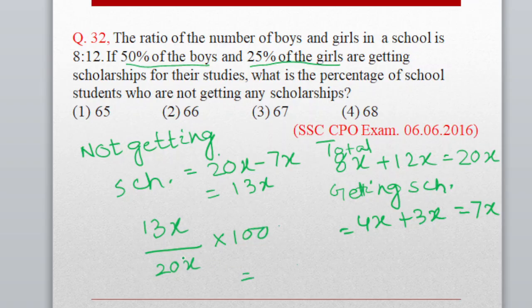Here this x cancels this x, 25s are 100, 13 5s are 65. That means 65% of the students are not getting scholarships. That means your option 1 is the right answer.